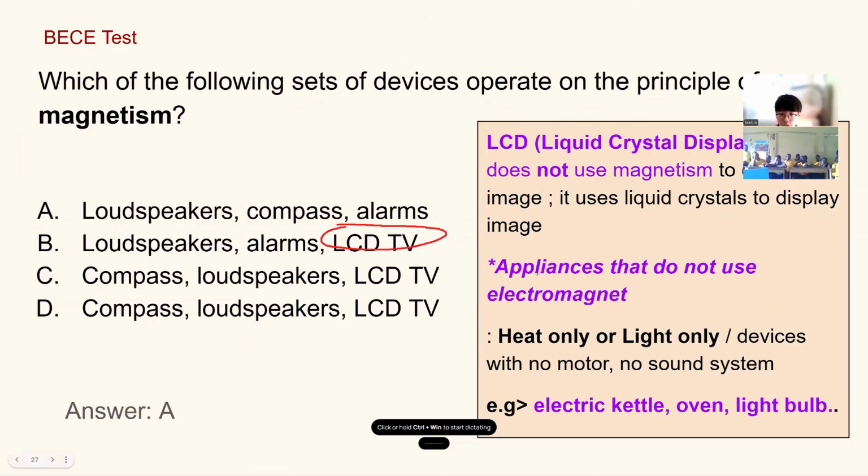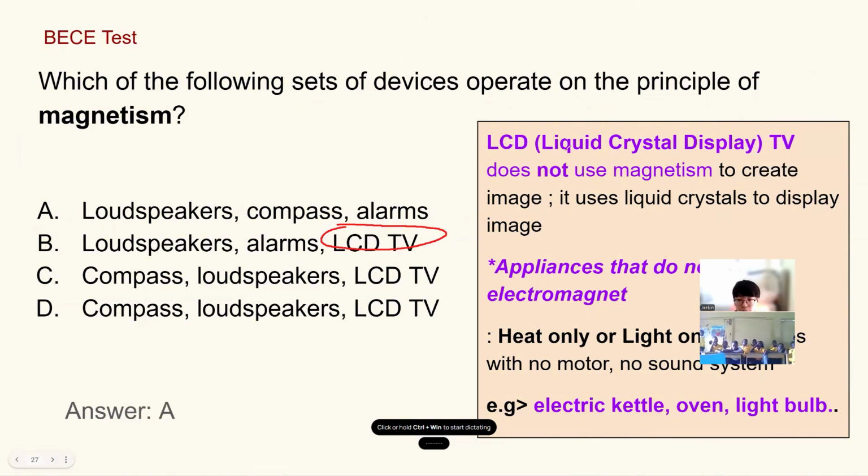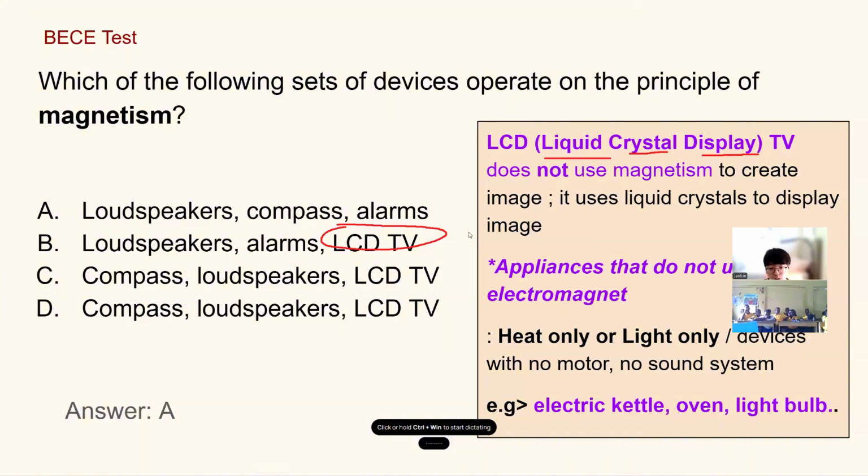So what is an LCD TV? LCD refers to liquid crystal display, and this type of TV does not use magnetism to create the image. It uses liquid crystals to display images. So just know that LCD is not related to magnetism.